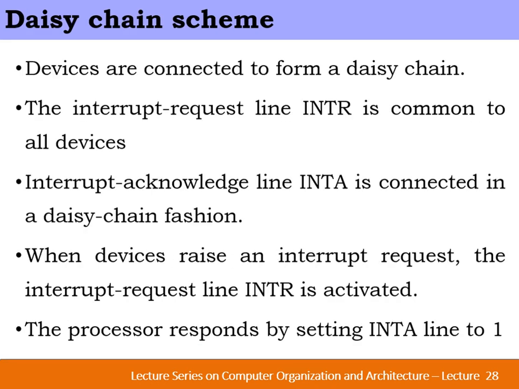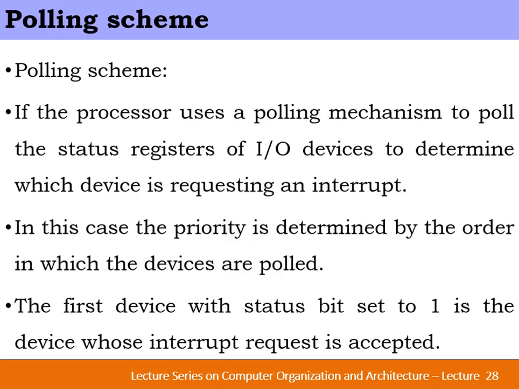Now one more scheme which we have discussed was interrupt nesting, or the priority scheme. In the priority mechanism, we have multiple IO devices. Among the multiple IO devices, the one having the highest priority is going to get the service first, and the device with the next level of priority is going to get the service later.